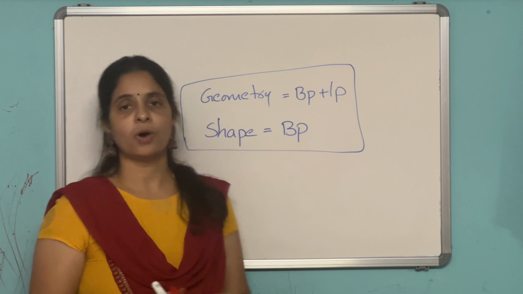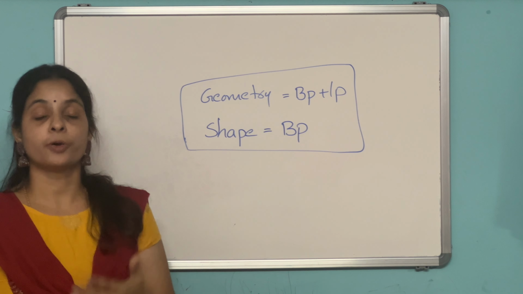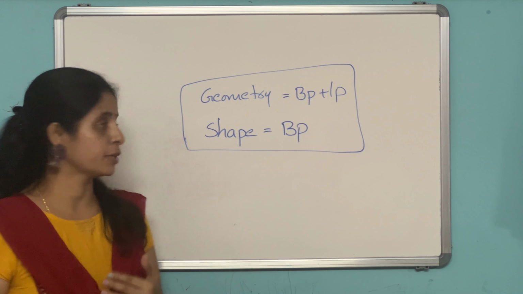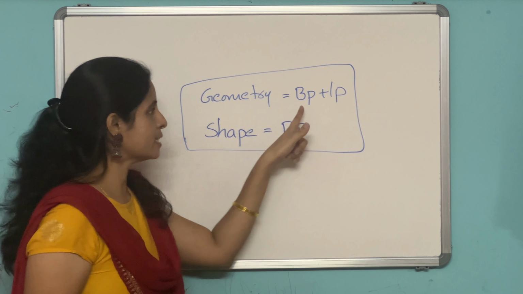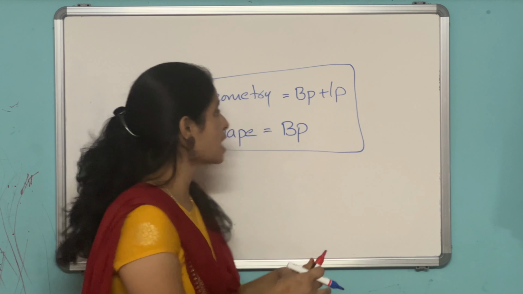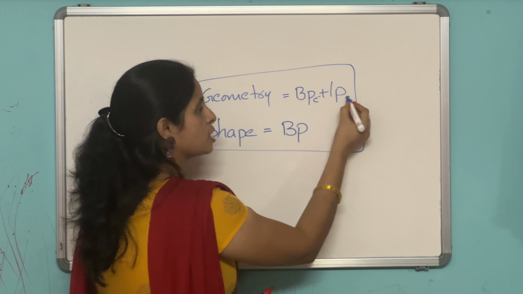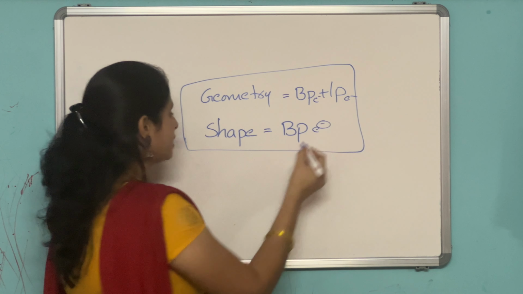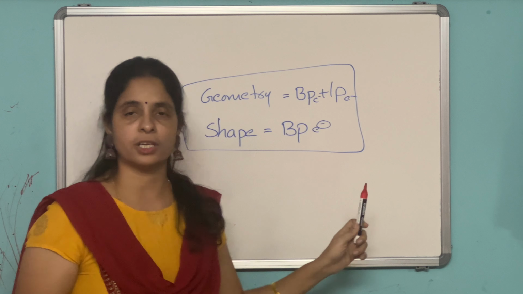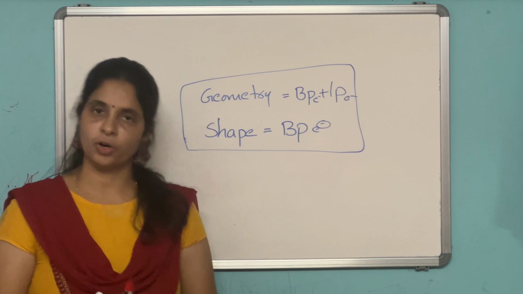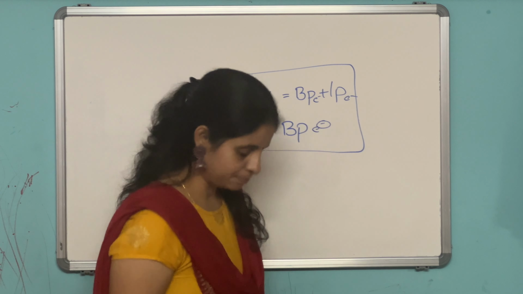Now I'll tell you how to predict the shape of any molecule. Geometry is nothing but bond pairs and lone pairs of electrons, but the shape is based only on the bond pairs of electrons. Clear?